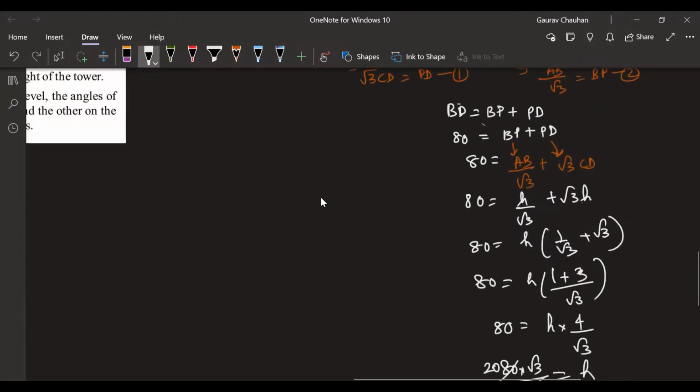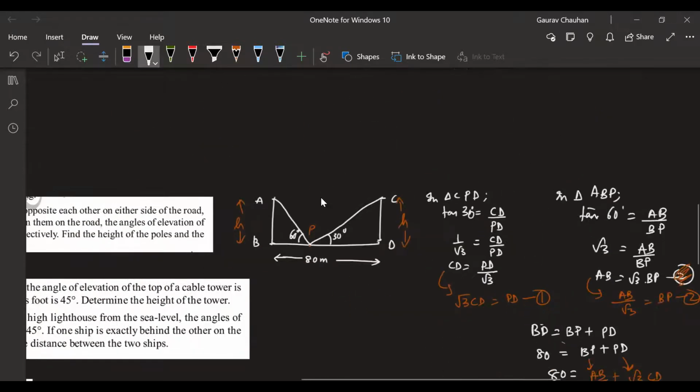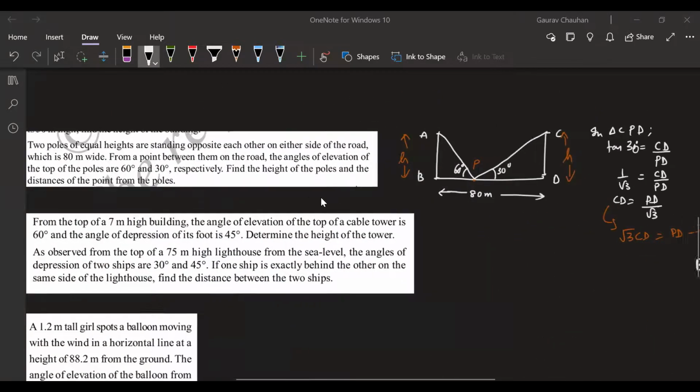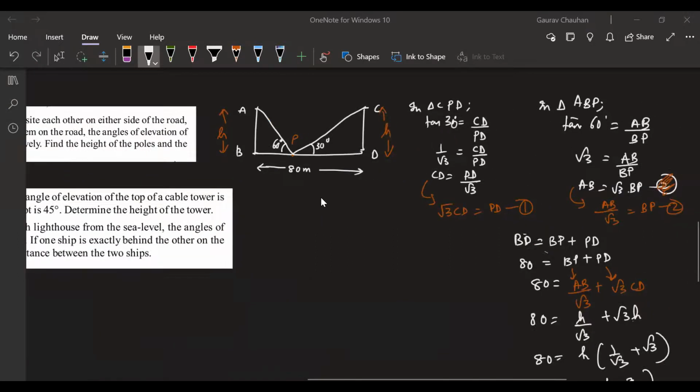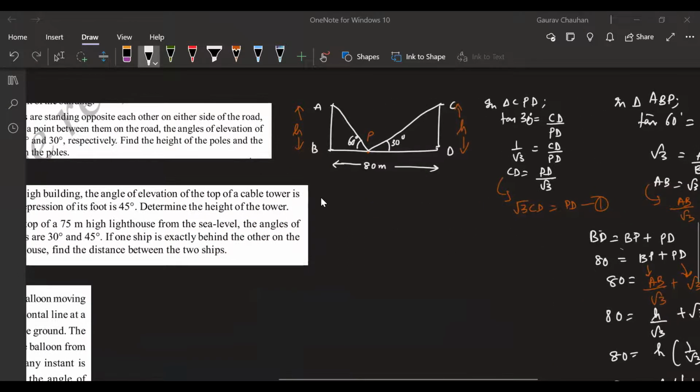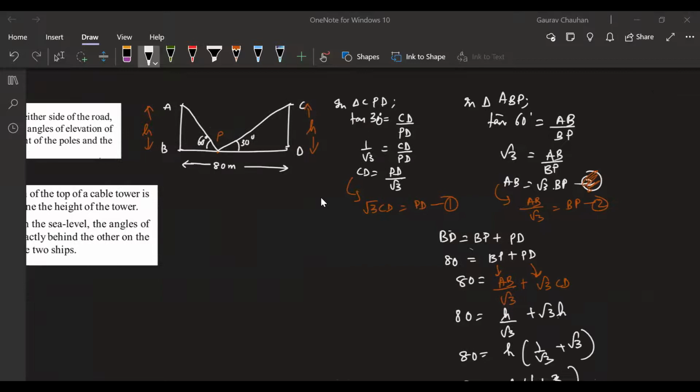So is this answer correct then, Tulsi? Yes, sir. Find the height of the poles and the distance between the poles. How to find the distance between the poles, Tulsi? Distance between the poles is PD plus BP, so BD is the distance between poles. It's PB plus PD.